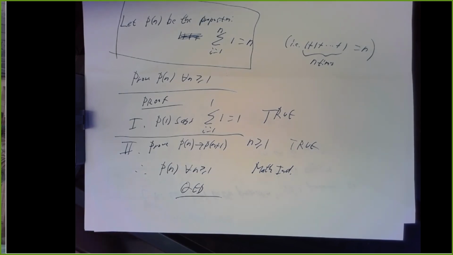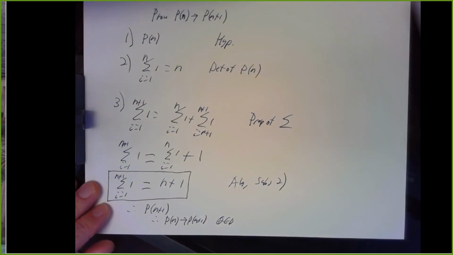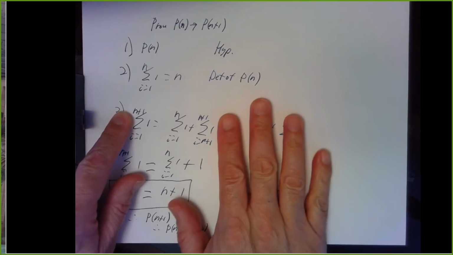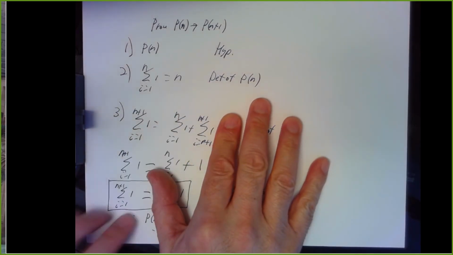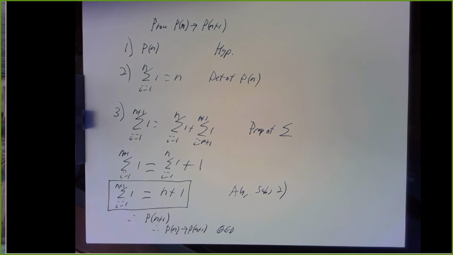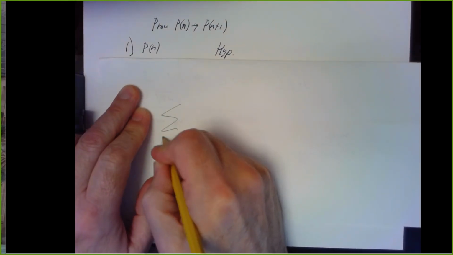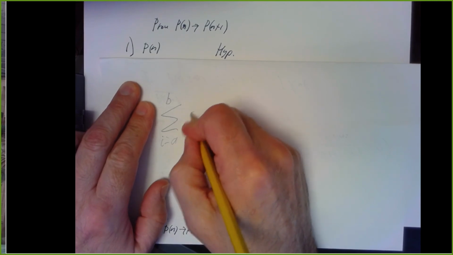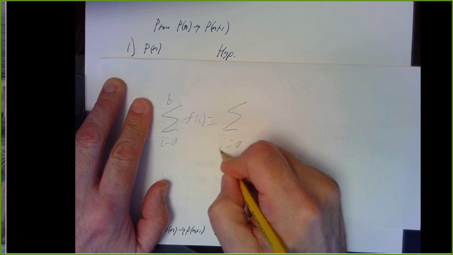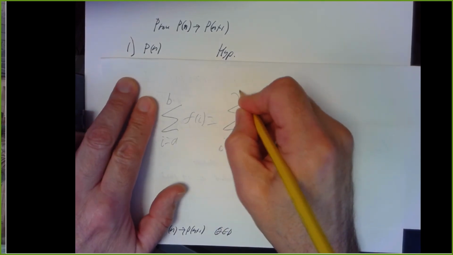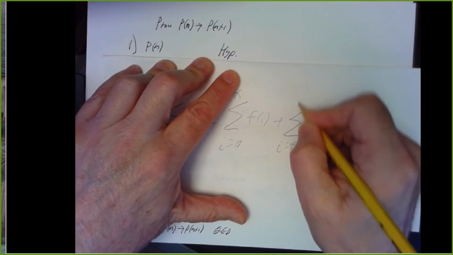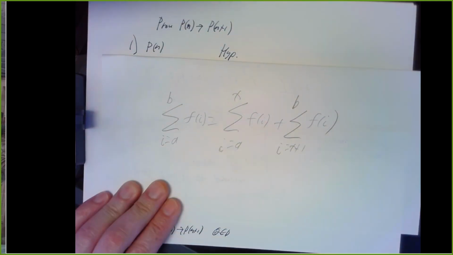All right, let me go back to the mechanics of step 3, and then we'll go over the big picture again. In step 3, I wrote down this sum from 1 to n plus 1 as a sum from 1 to n and a sum from n plus 1 to n plus 1. That's a particular case of this thing that we saw in week 2, which is that we can take a summation like this and split it into 2 pieces if we like.